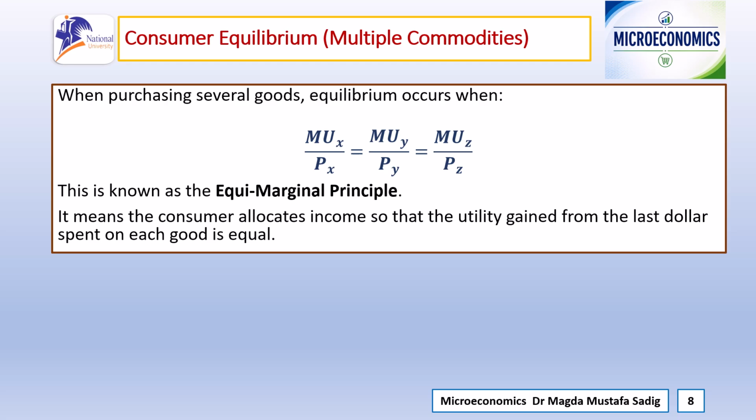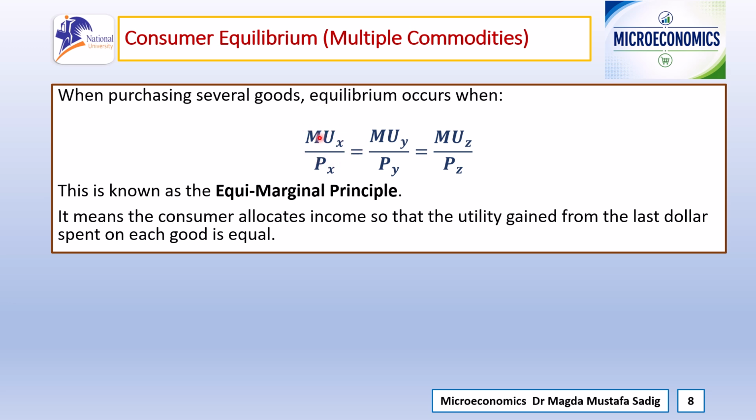So, how should income be allocated among many different products? The answer is given by the equi-marginal principle.